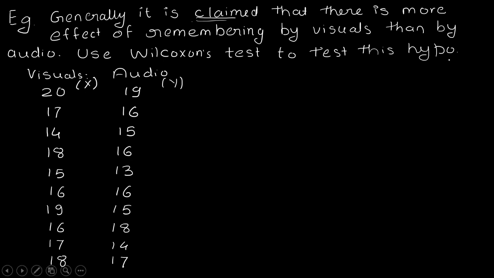My null hypothesis I cannot write as there is more effect. My null hypothesis will always be that both the things are equal, that there is no difference between the two. So how will my H naught be in this case? I'll write it here.